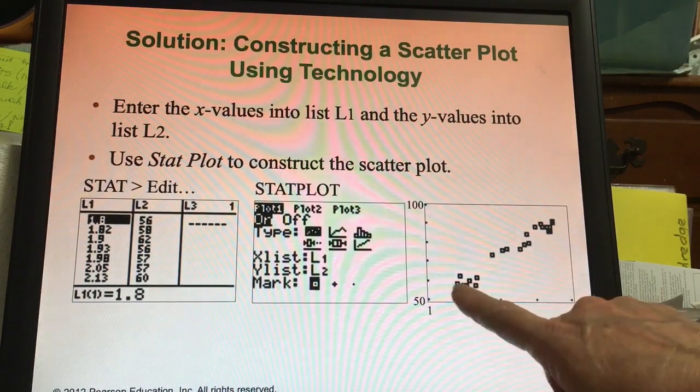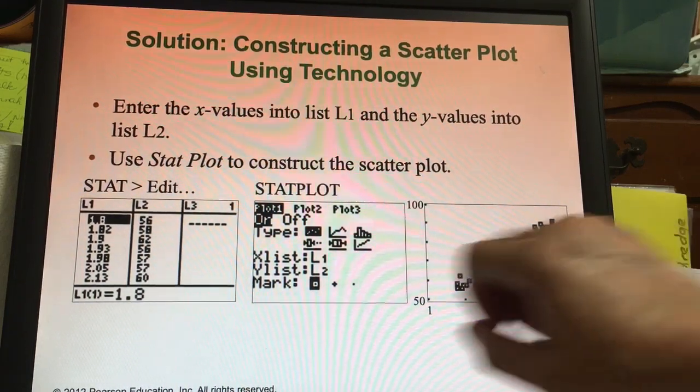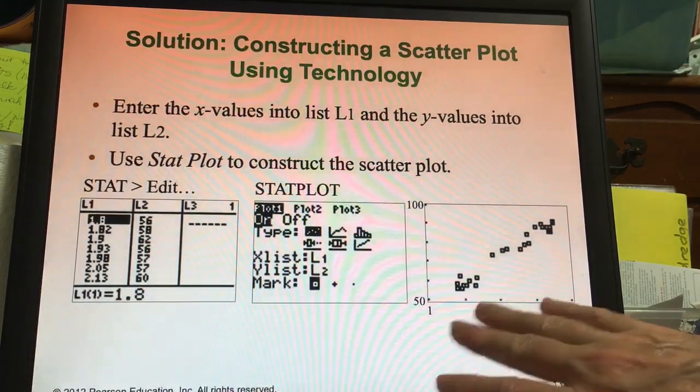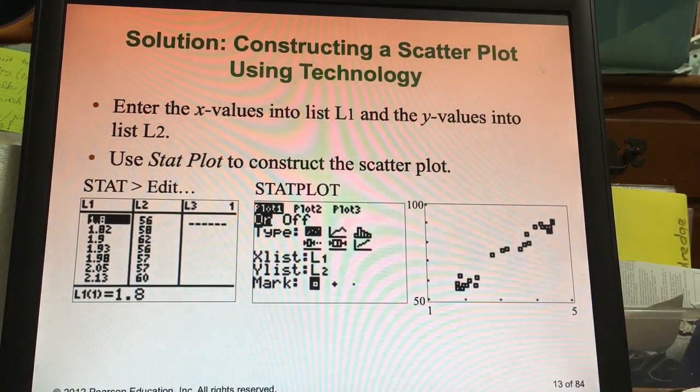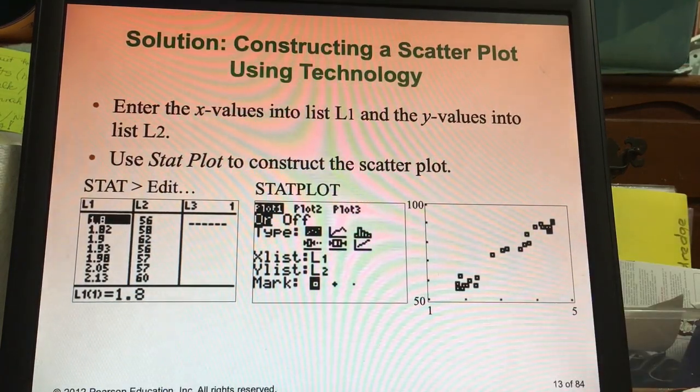And then when you graph the data points that you've already entered in your L1 and L2, you come up with your scatter plot. Now, what they did not put on here that you might need to do is adjust your window.